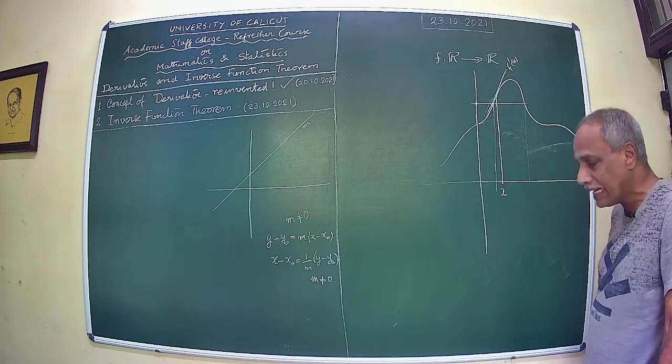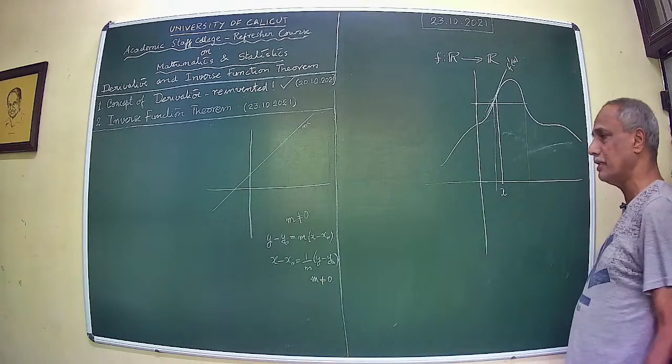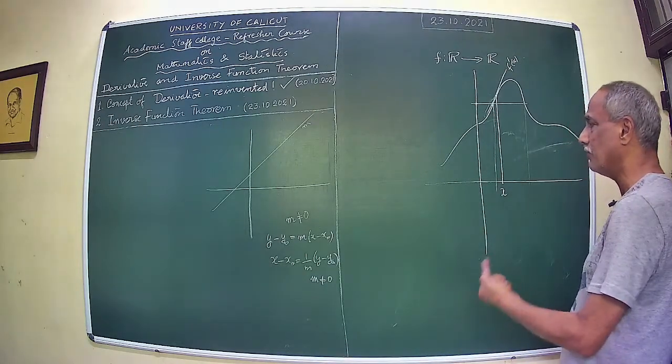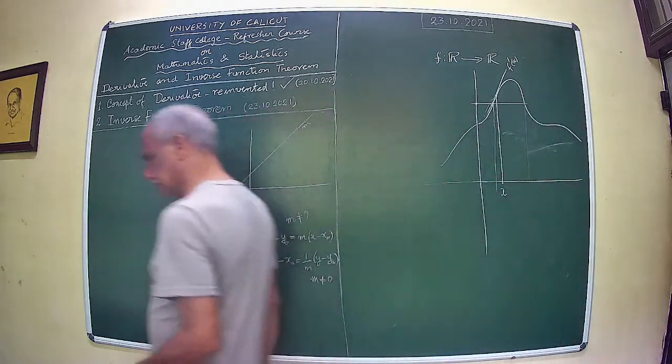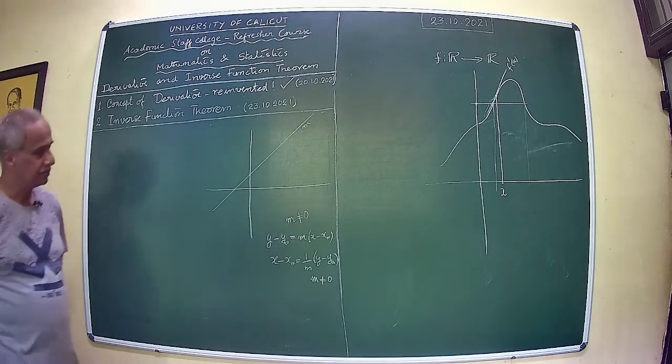So the next question that you ask is this: suppose the derivative of the function at a point is not equal to 0.